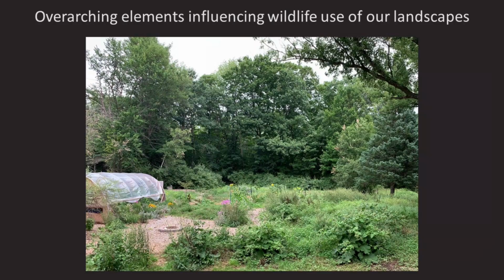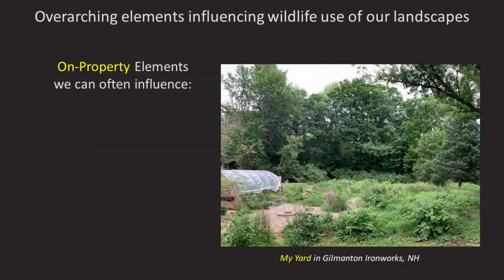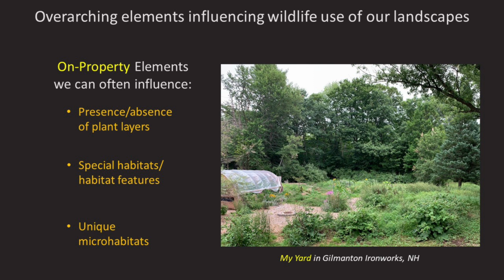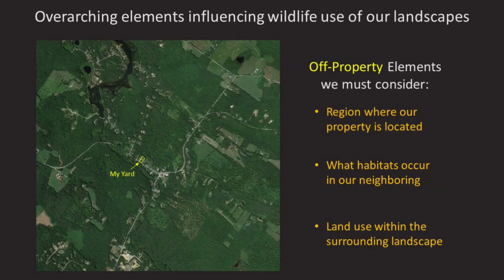Thankfully, there are some overarching elements that influence what wildlife will use our land, and these are the things we need to consider as we plan our landscape design. These include elements on our property that we can usually influence, such as the presence or absence of plant layers and particular plant species, special habitats or habitat features, and unique microhabitats.